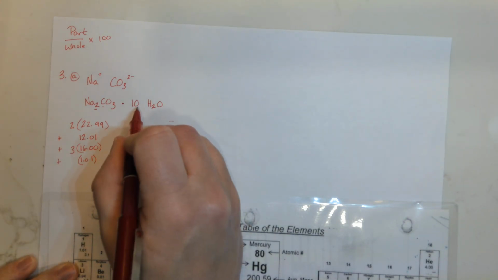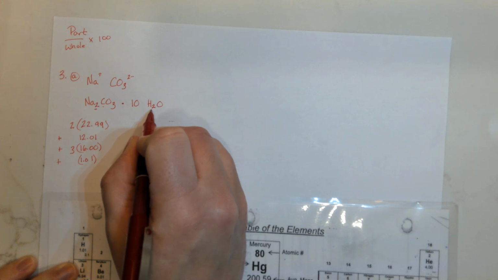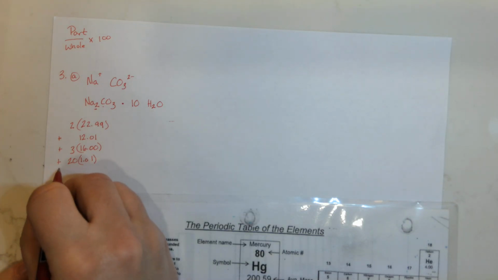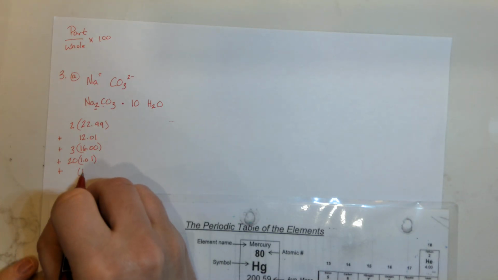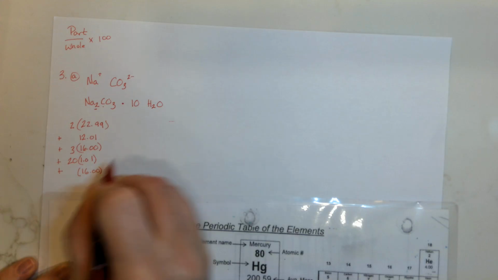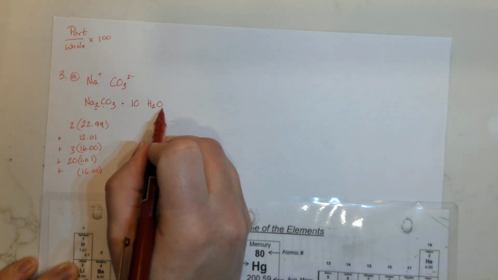The actual number is 20. I have 10 waters, each of which has 2 hydrogens. There are 20 hydrogens total here. And lastly, oxygen once more, and this time we have 10 oxygens.